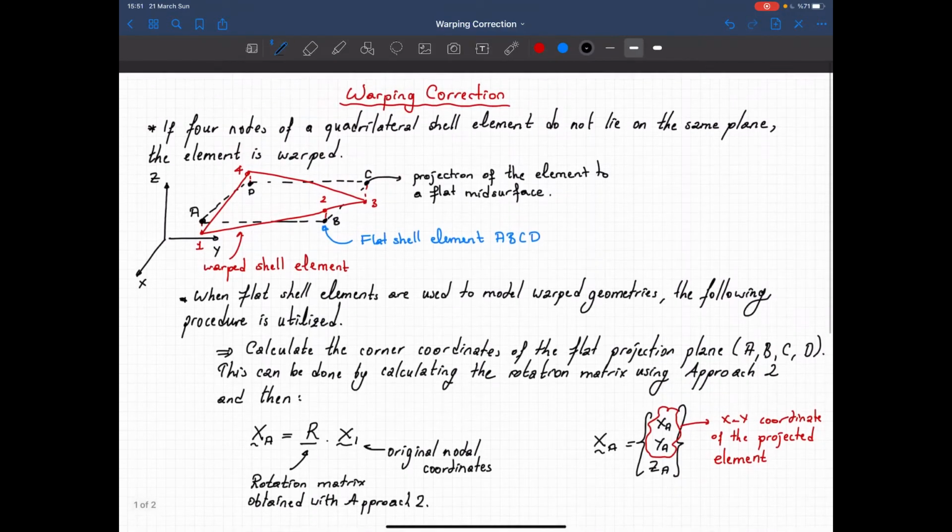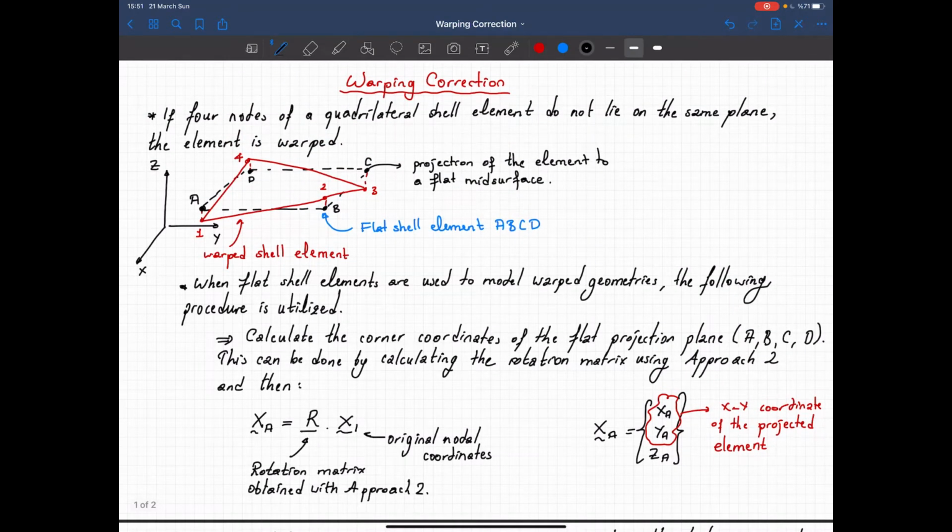So here we are saying that, remember, this flat projected plane and this warped element all share the same midpoint.